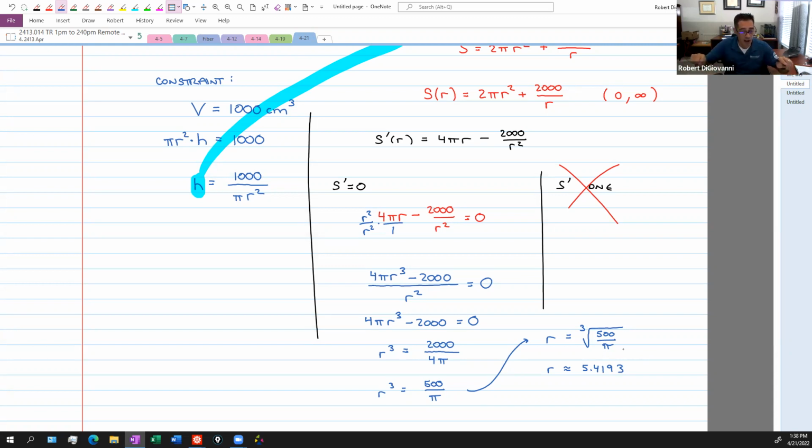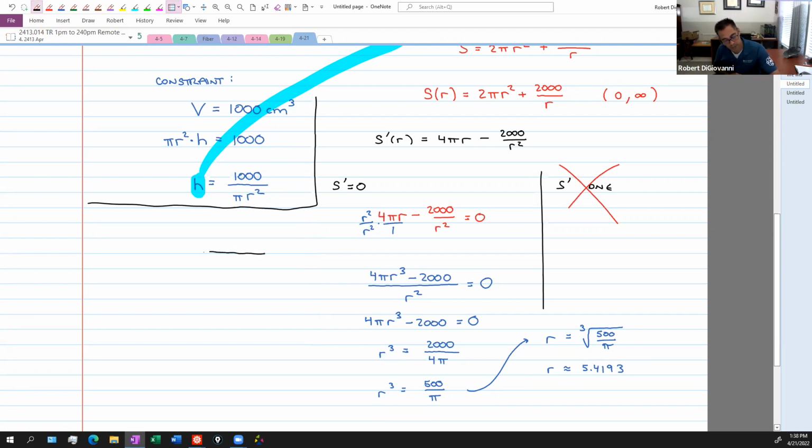So I'm going to go to a number line now. Trying to fit this all on one page. I know that at 0, nothing can happen over here, and at 5.4193, I have something happening. So I need a test point.